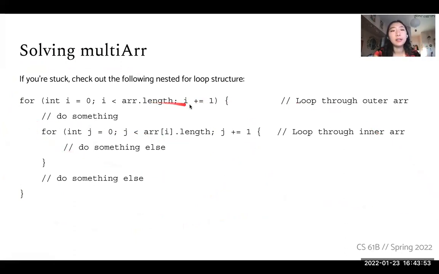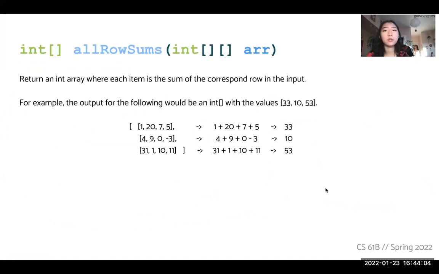And the idea is that this outer for loop loops through the outer array, and this inner loop loops through each inner array, right? The last thing I want you to consider also is, how do we know the size of the output, right? Well, it's the number of rows, or in other words, the number of elements in the outer array, or r.length, right?